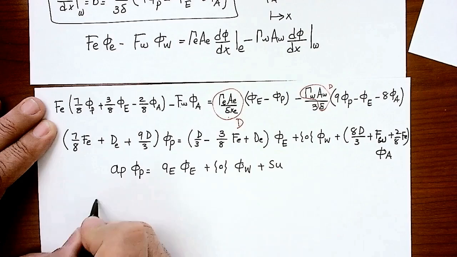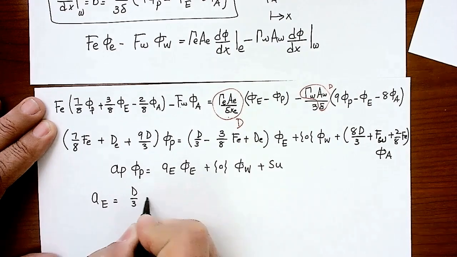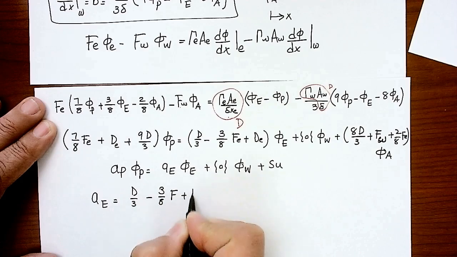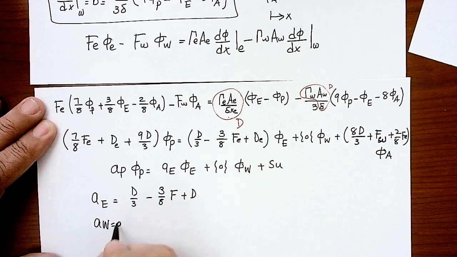What are the terms as follows? A east is equal D over 3 minus 3 over 8 F plus D, which can be combined together. And I have A west is equal 0.